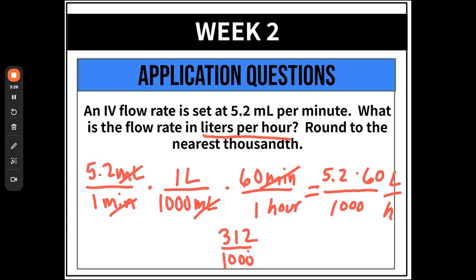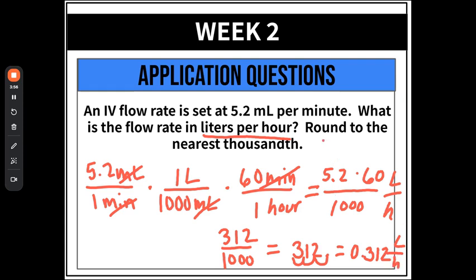Great. And so an easy way to divide this is just to move the decimal 3 times. So if I have 312, the decimal's right here, I can go 1, 2, 3. 0.312 liters per hour.